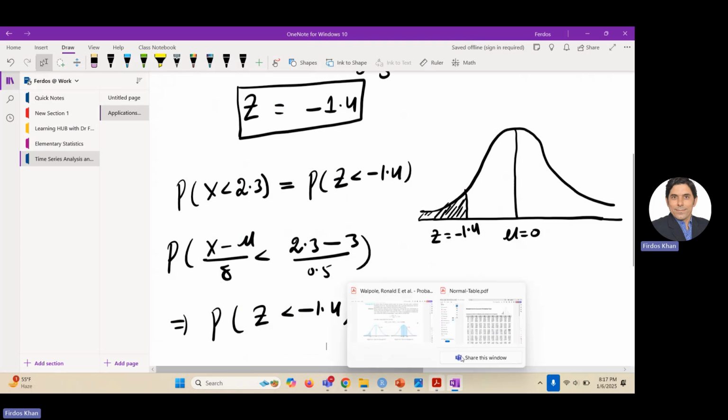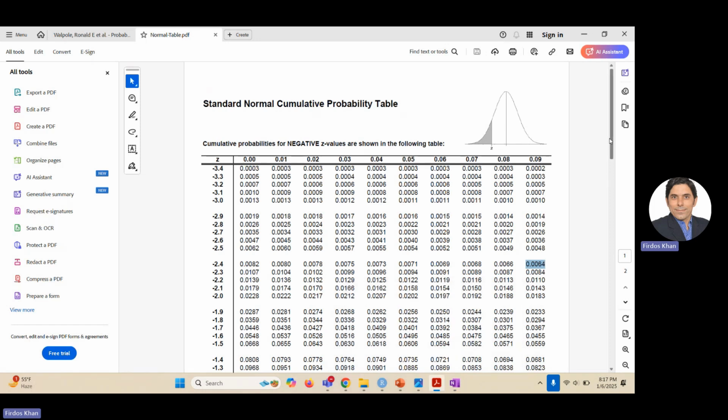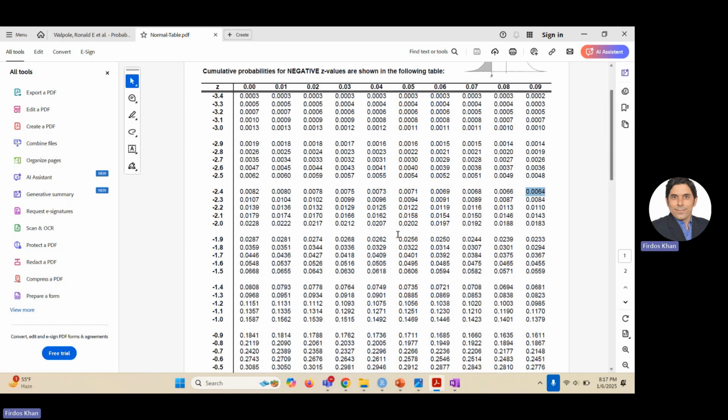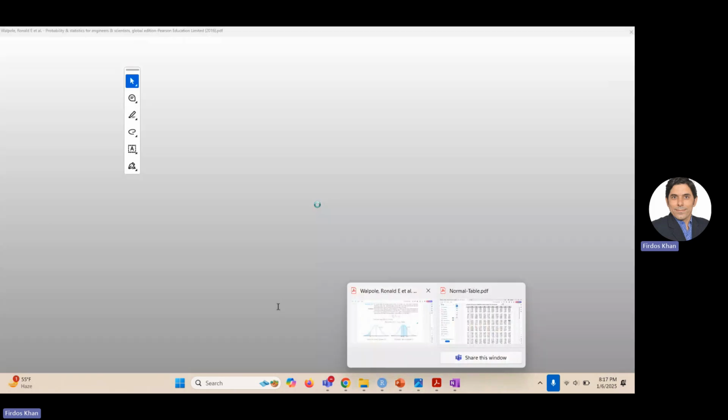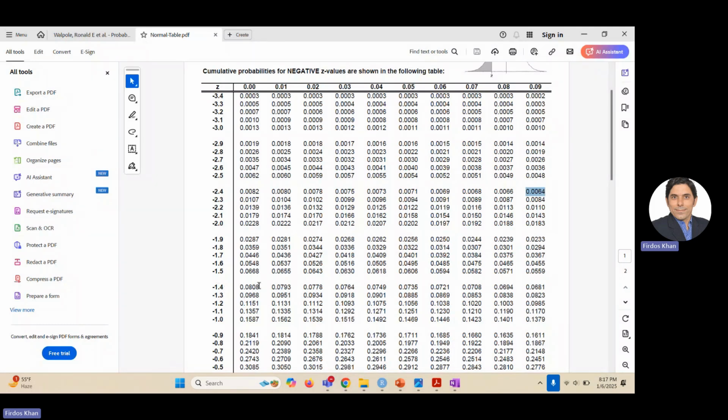So now you understood the table. You just need to look up minus 1.40. You can look at the table and see minus 1.40 is this one.